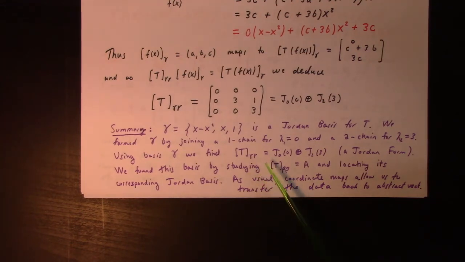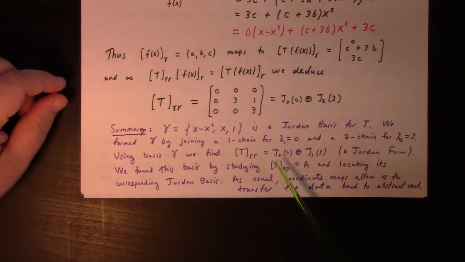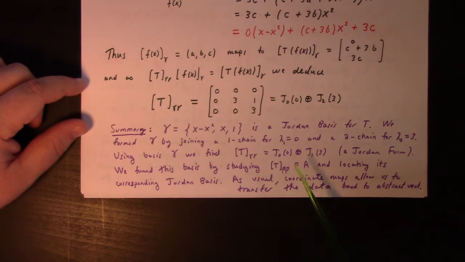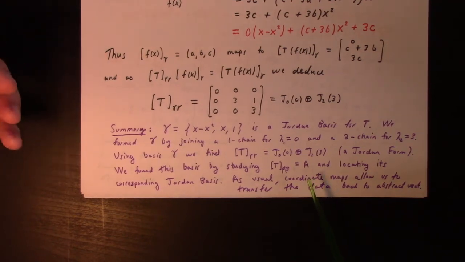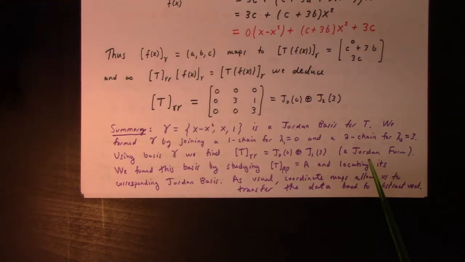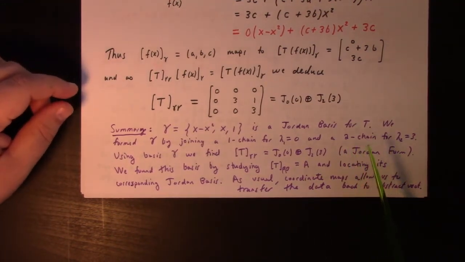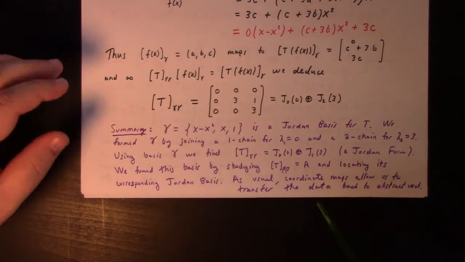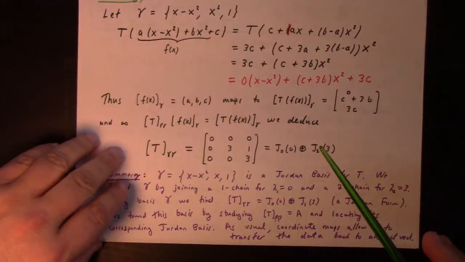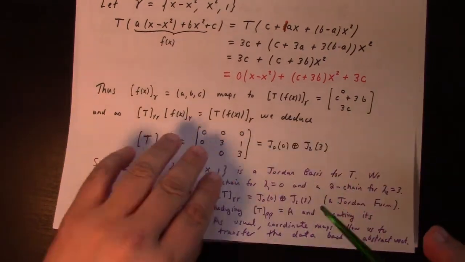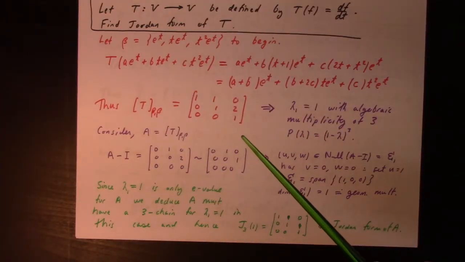And then you can take that and translate back to get the corresponding generalized eigenbasis on the vector space like I just did here. In my current notation, you find the gamma bar for the coordinate vectors, and then you translate back to gamma, the Jordan basis for T itself. Anyway, I have another example, so that should help if you didn't understand that just yet.